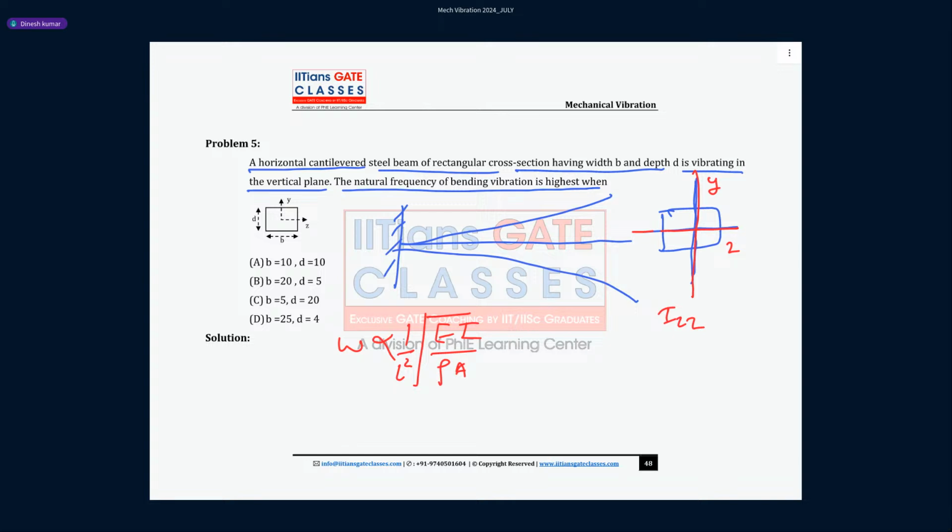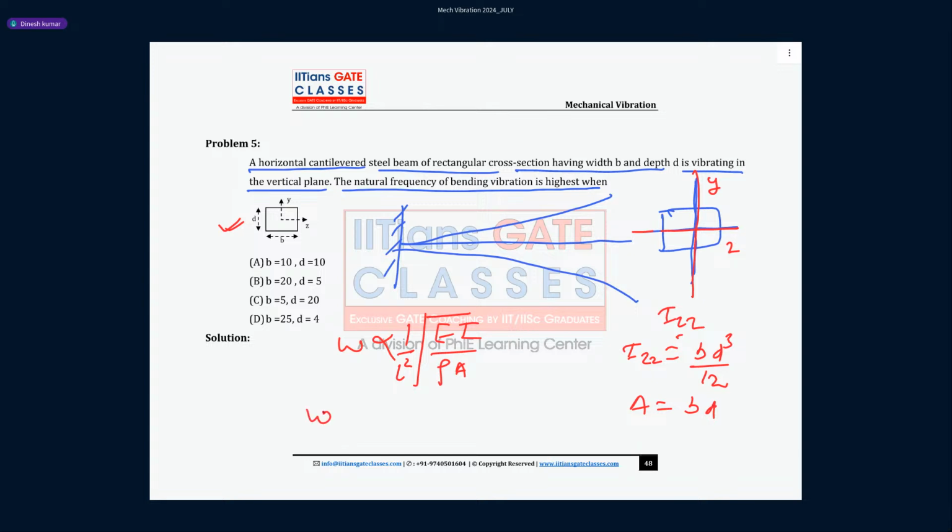Now guys, for a rectangular section, what will be Izz? It's B D cube by 12, yes or no? What will be the area? It is BD, right?